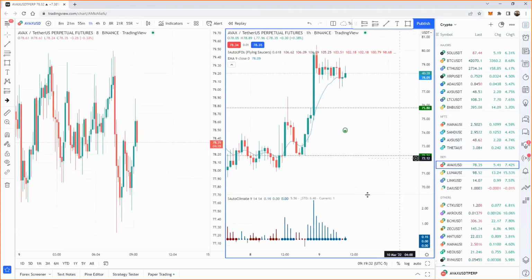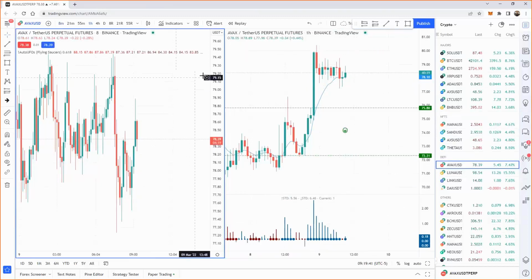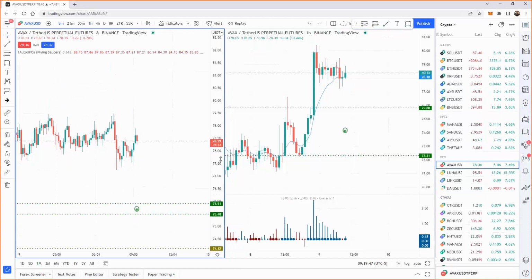Okay, here we go. So this is the first one that's confirmed on the hourly, AVAX, 78.10 on the hourly here. We don't have any UFOs nearby. That's rather unfortunate to basically take this trade. Okay.